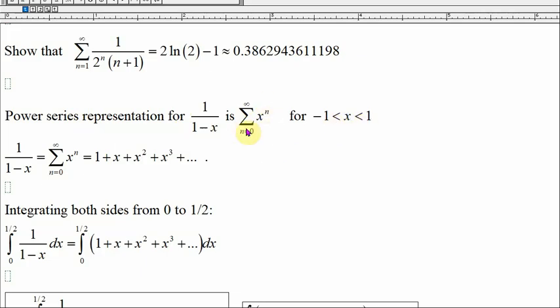And so we have 1 over 1 minus x is equal to 1 plus x plus x squared plus x to the third, and so on, for x between negative 1 and 1.